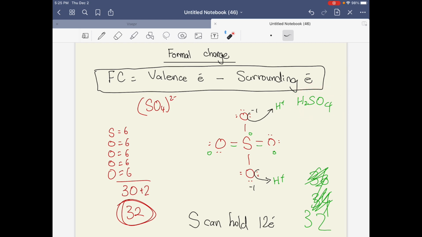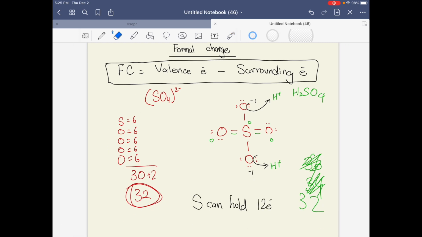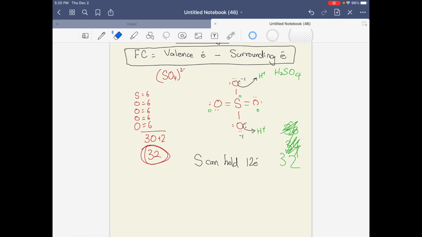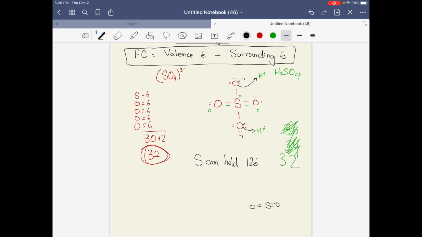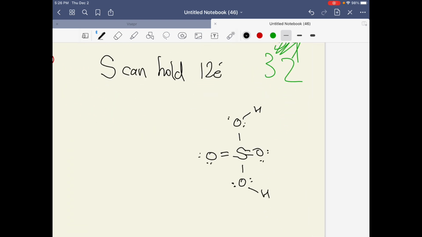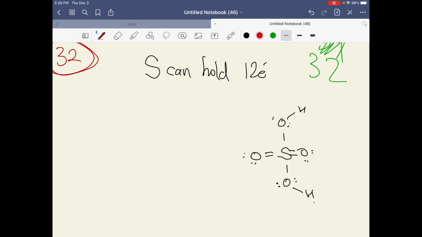How do I know this is right? Do formal charge. Because if this is the molecule that you get, if this is really what sulfate is, if you do formal charge on this little fella right here, you'll notice that everybody is 0.